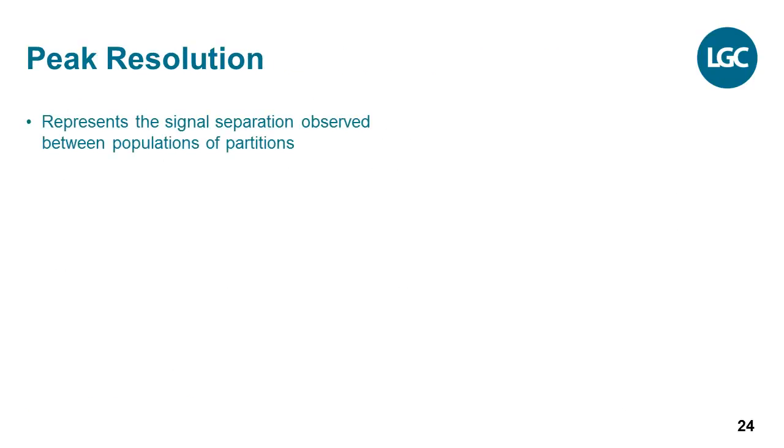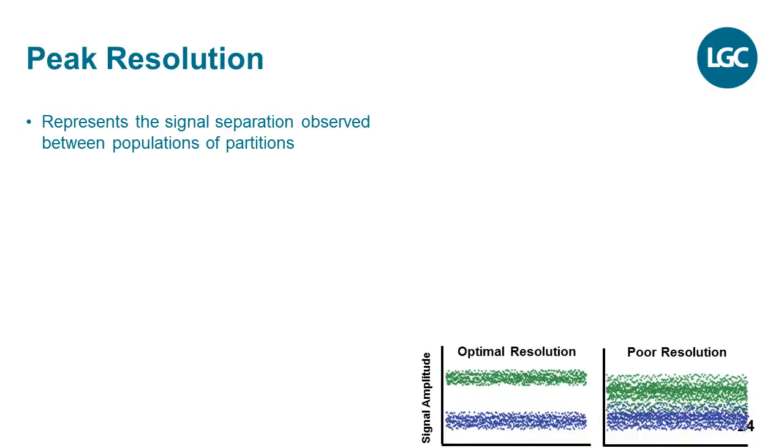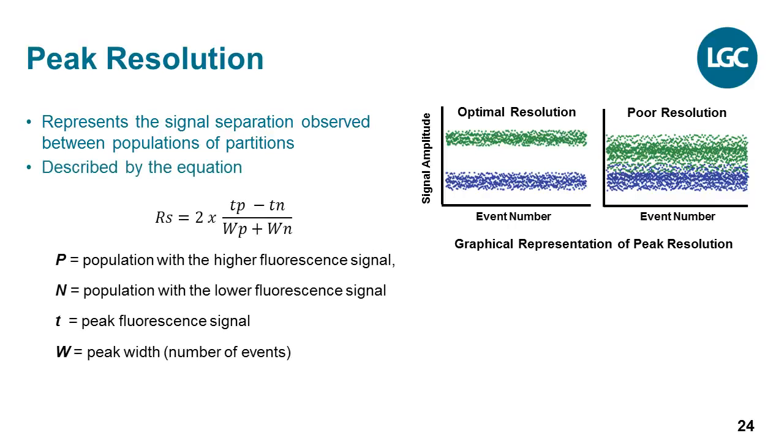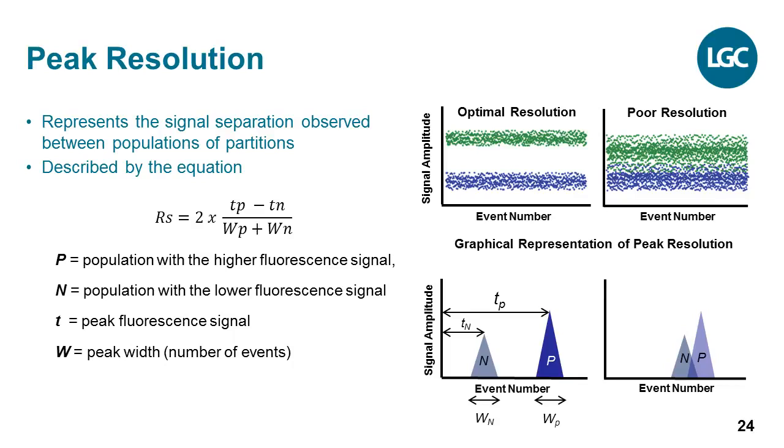Peak resolution refers to the degree of signal intensity separation observed between populations of partitions. This can be thought of in terms of signal peak resolution and can be described by the equation shown on the slide. The value derived for RS takes into consideration the absolute fluorescent intensities obtained, the distribution of intensities, and the degree of overlap present for both clusters of partition data points.